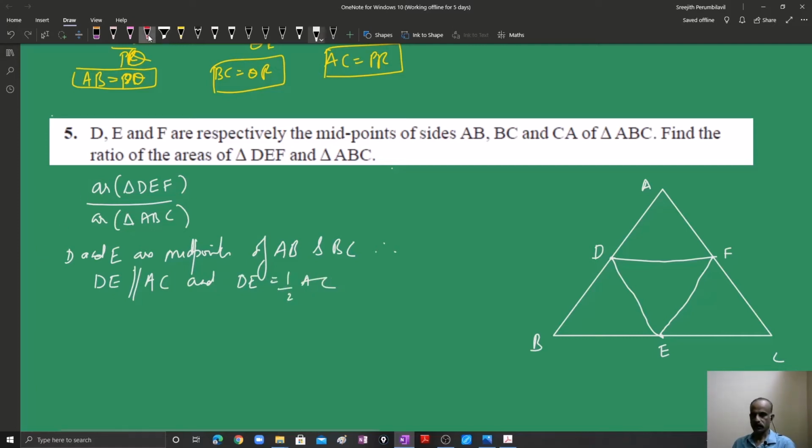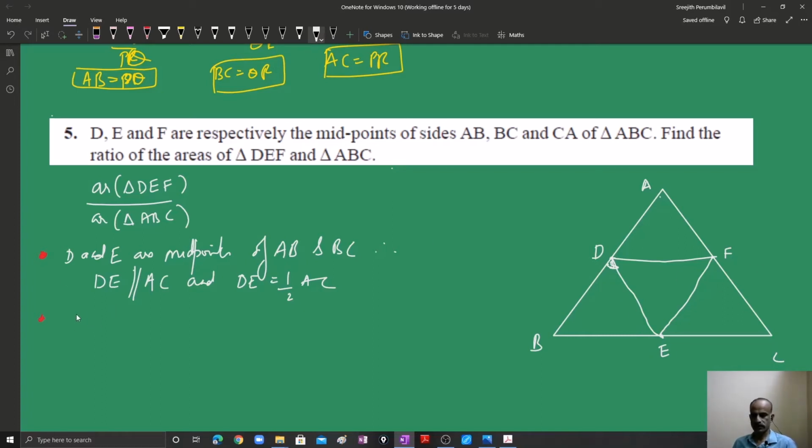That is the first point. Second point, DE is parallel to this, which means these two angles are equal. Fine, this is parallel. That's enough.